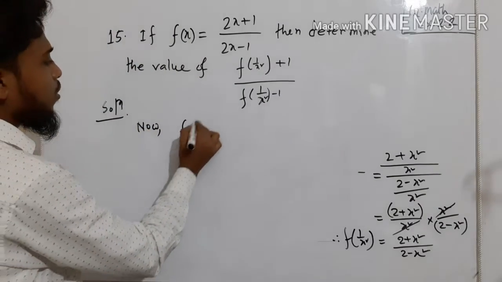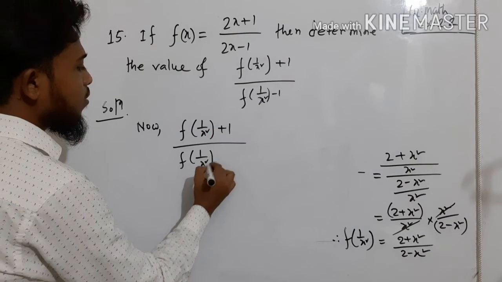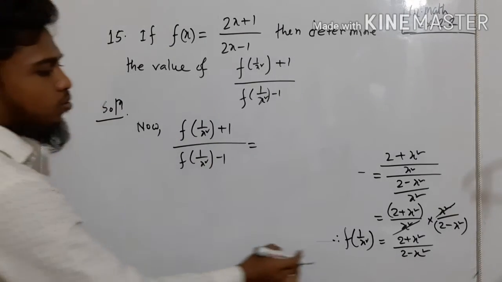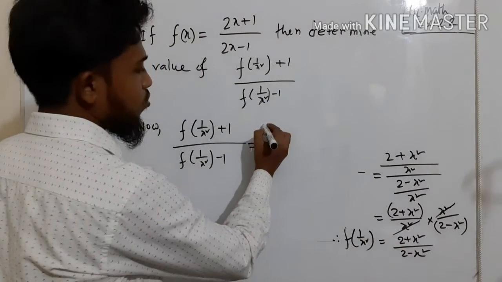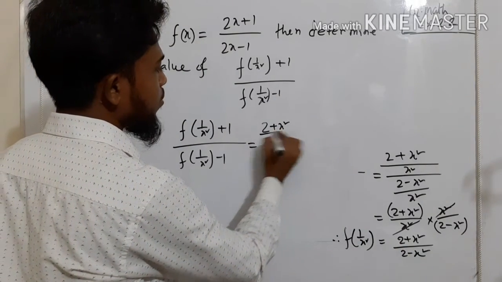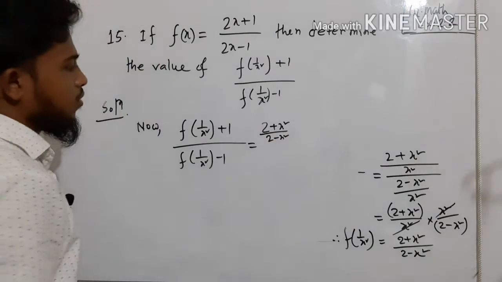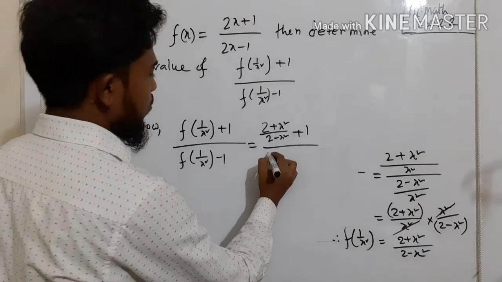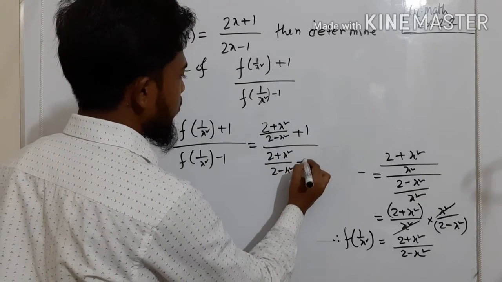Now f of 1 by x square plus 1 divided by f of 1 by x square minus 1, this equal to, the value of f of 1 by x square is this, so 2 plus x square divided by 2 minus x square plus 1 divided by 2 plus x square divided by 2 minus x square minus 1.